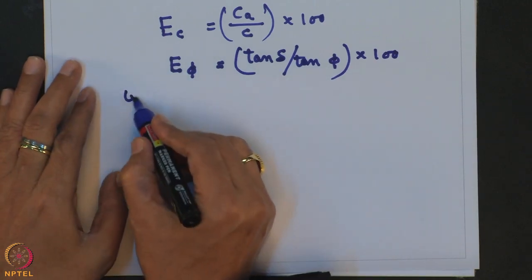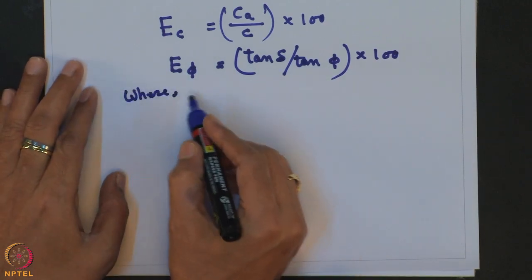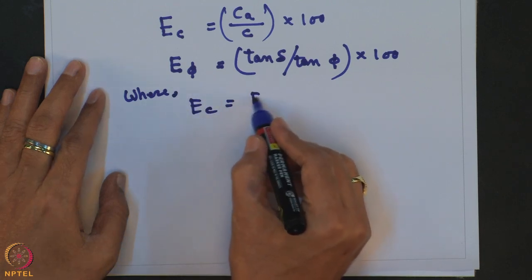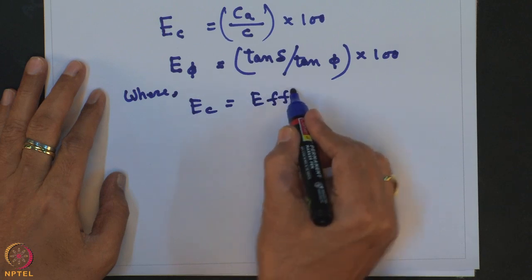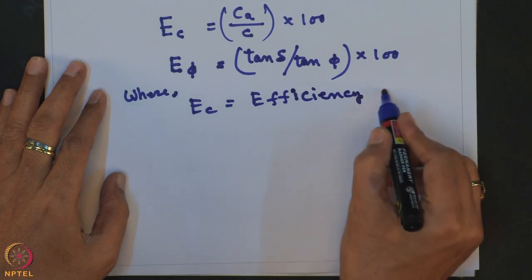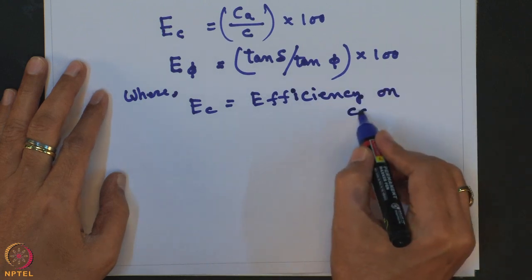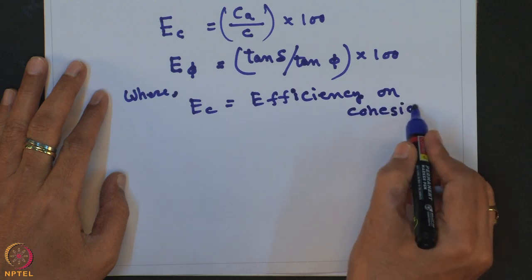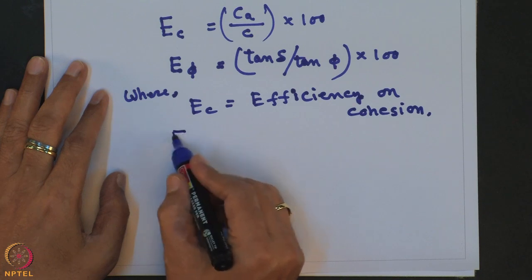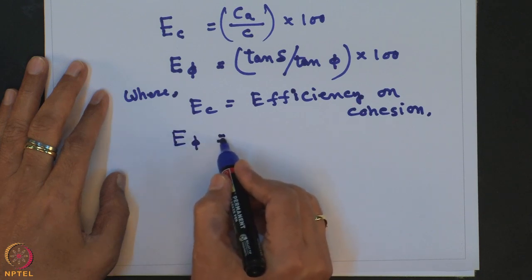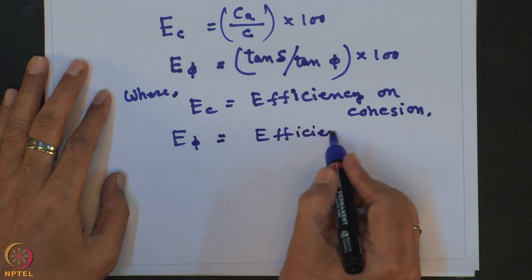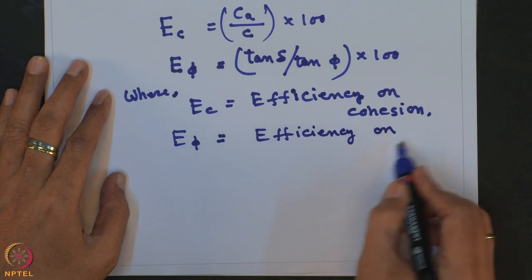where E_C is efficiency on cohesion and E_phi is efficiency on friction.